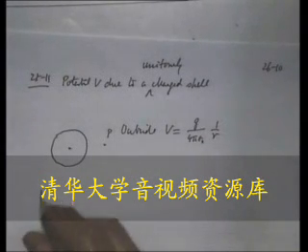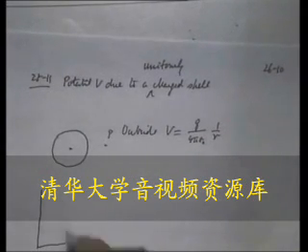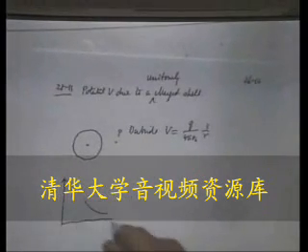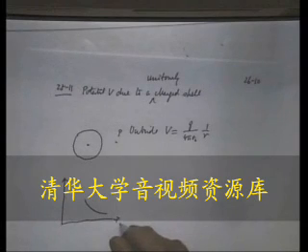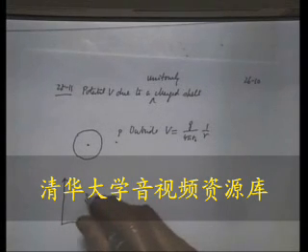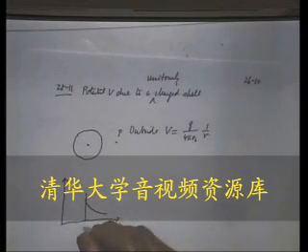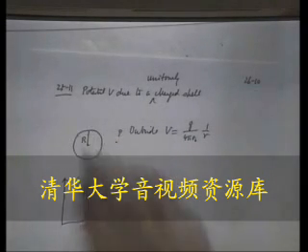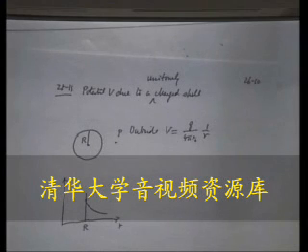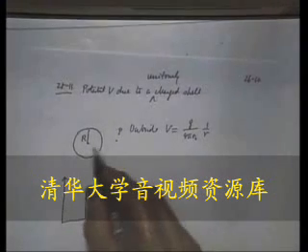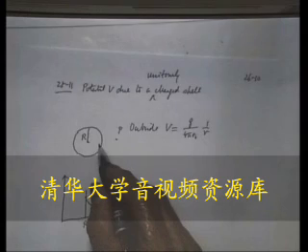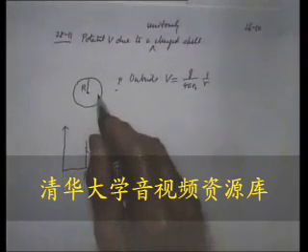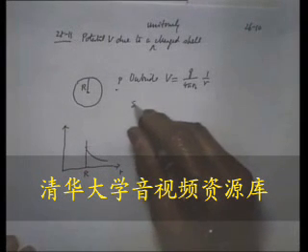So I plot it: this is V, this is R, and this point is the radius. Inside, there's no electric field, which means all the potential is identical inside.